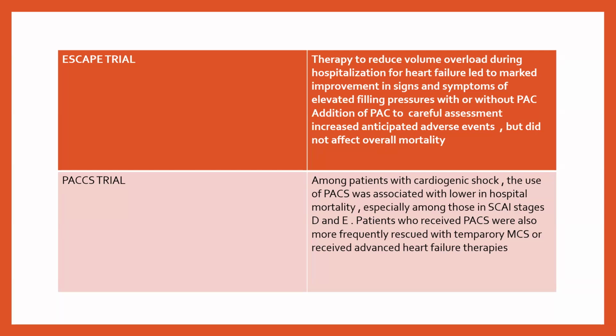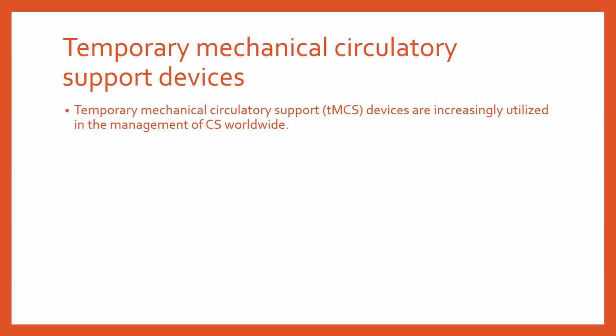Now, regarding the PAC trial among patients with cardiogenic shock, the use of PAC was associated with lower in-hospital mortality, especially among those in SCAI stages D and E. And patients who received the PAC were also more frequently rescued with temporary mechanical circulatory devices or received advanced heart failure therapies.